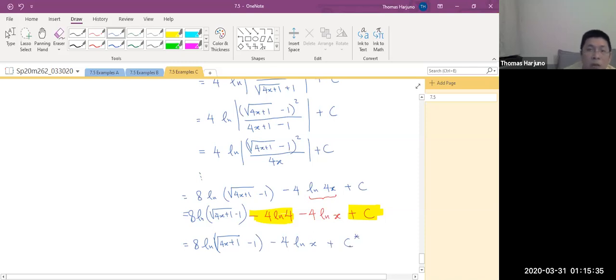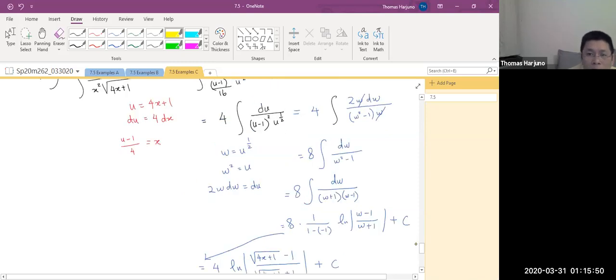Yeah, because that negative 4 ln 4 combined with the original constant gives us a new constant. Okay. Now the way I did it here, I used substitution.